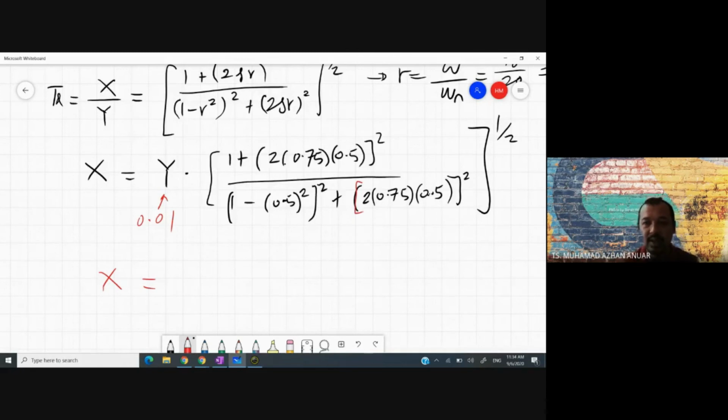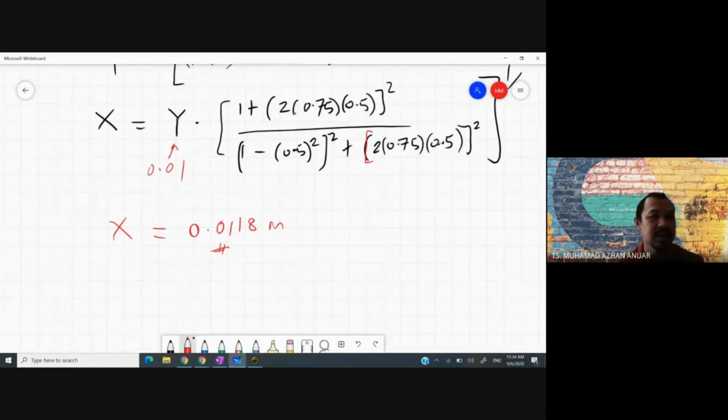That is a square, the whole thing. And 1 to 1, that's square root, that's 1. So you multiply by 0.01. So you should get the answer at 0.0118, something around this value. If you get around this value, the answer should be correct.